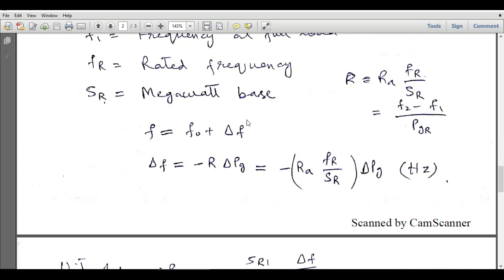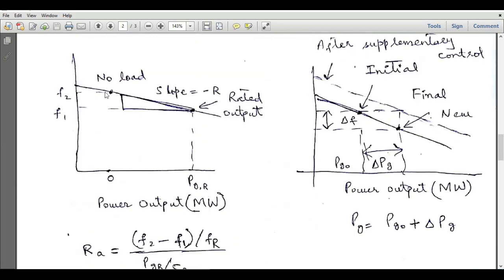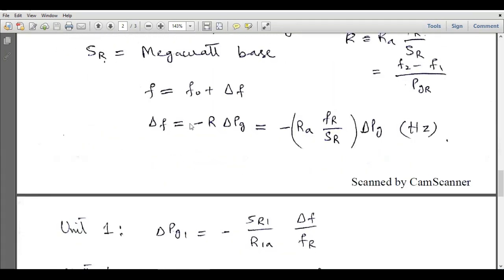F1 is our new frequency, F2 is our old frequency. Old frequency at no load is F2, new frequency at rated load is equal to F1. So delta F is equal to F1 minus F2, and F1 minus F2 will be negative since F1 is smaller than F2. So we have a negative sign over here.